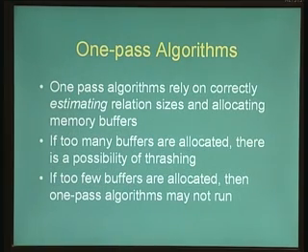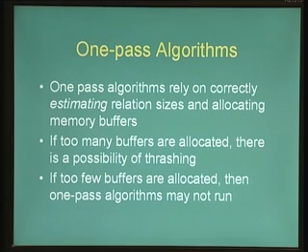And one pass algorithms rely to a great extent on correctly estimating the size of relations. If a query execution plan in a DBMS engine decides to use a one pass algorithm for performing a particular relational algebra operation, then it depends for a large part on the estimate of the size of the relation that it has.